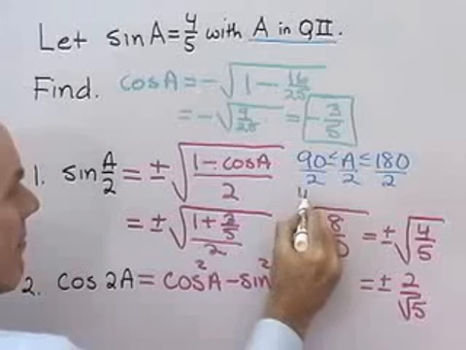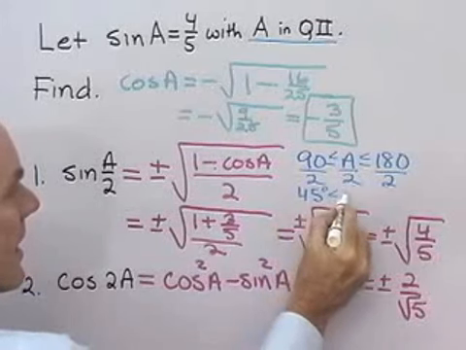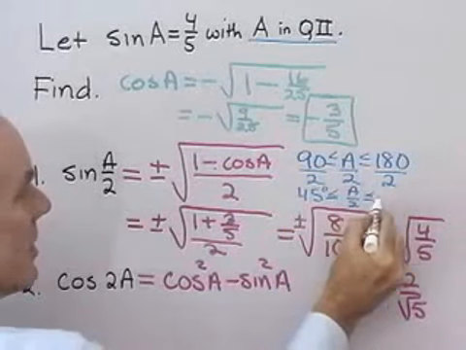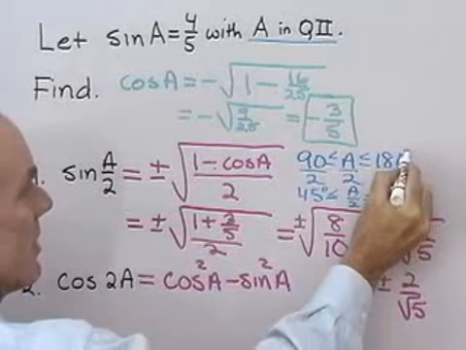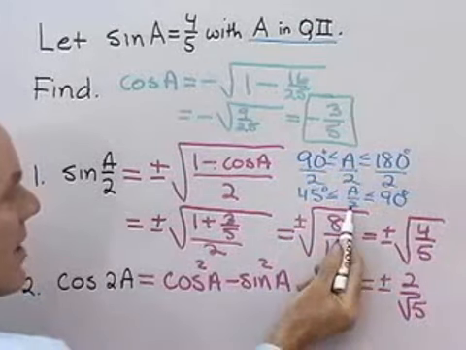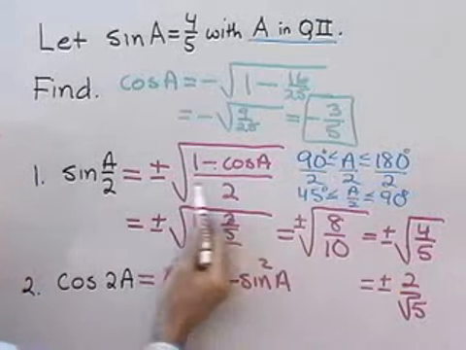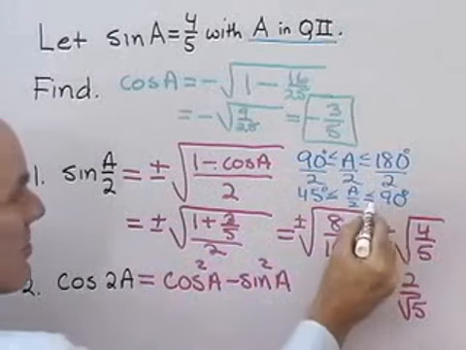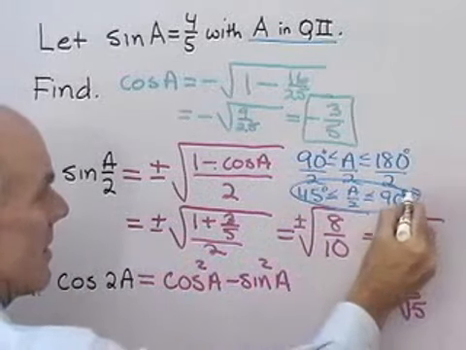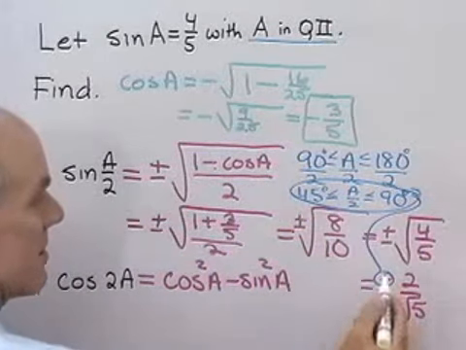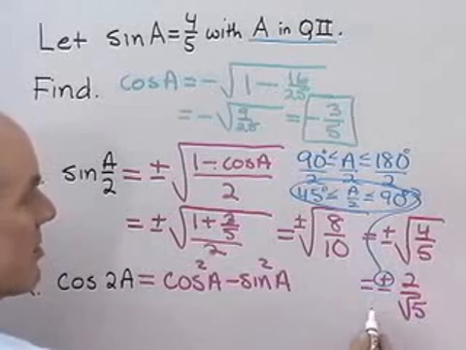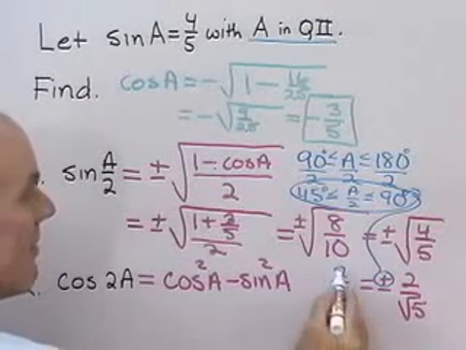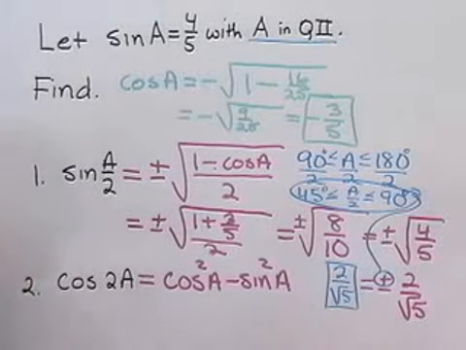And I see that I have 45 degrees less than A over 2, less than or equal to 90 degrees. So I see that A over 2 must be in quadrant 1 if A itself is in quadrant 2. So that tells me that I'm going to choose the positive sign right here. So my answer is going to be 2 over square root 5. It's positive 2 over square root 5.